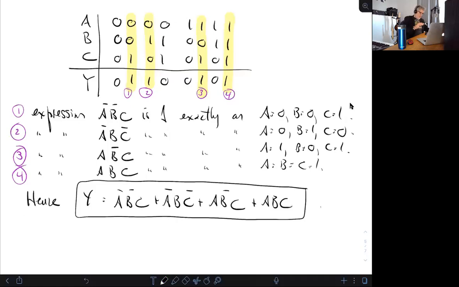Right? So think about this. That expression here will, when is it 1? It is 1 when one of those 4 lights up to 1, right? So for which triple will one of these light up to 1? It's exactly those columns that we picked out, right? It has to be one of those 4. If it's anything else, none of these will light up to 1 and Y will be 0.